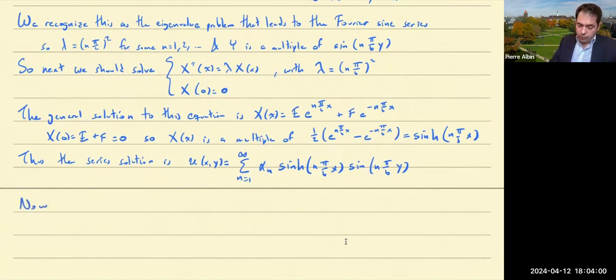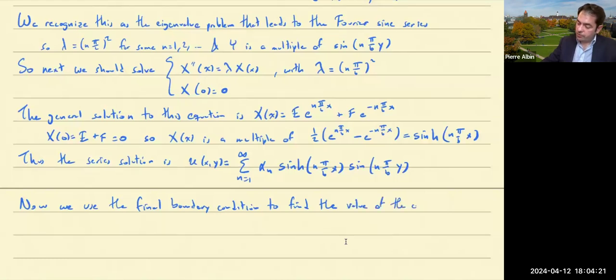Now we use the final boundary condition to find the value of the coefficients alpha n.